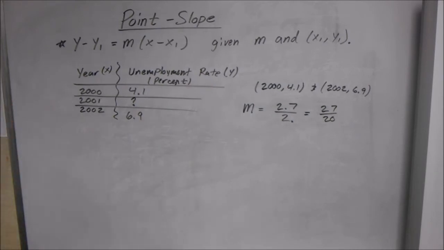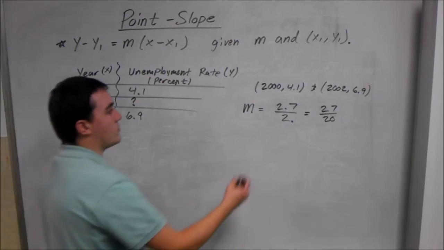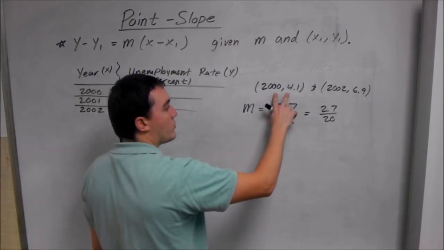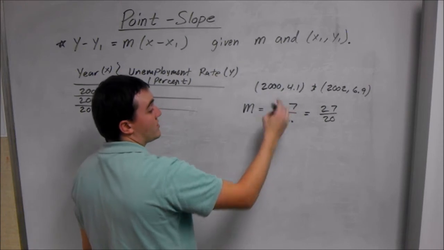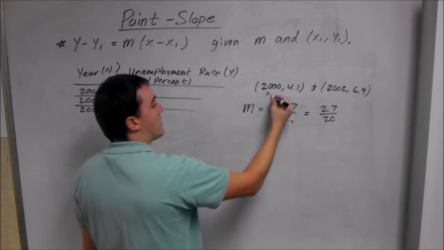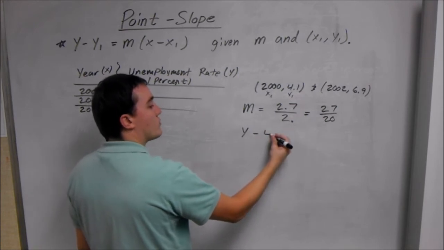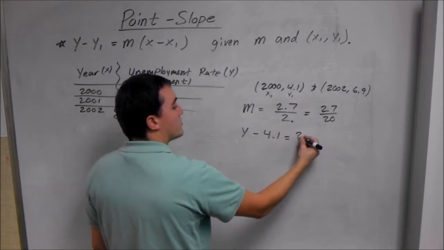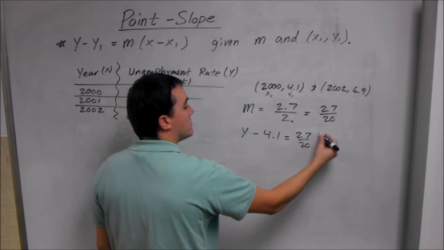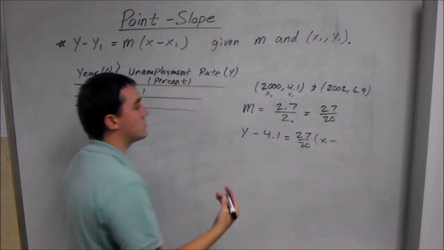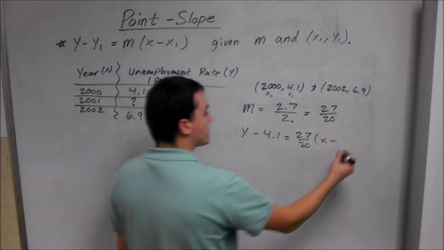Next, we need point slope form. So let's go ahead and plug in one of our points. This one's just 2,000, so let's use that. Call this x1, y1. So we have y minus, our y1 is 4.1, equals 27 over 20 times x minus 2,000.